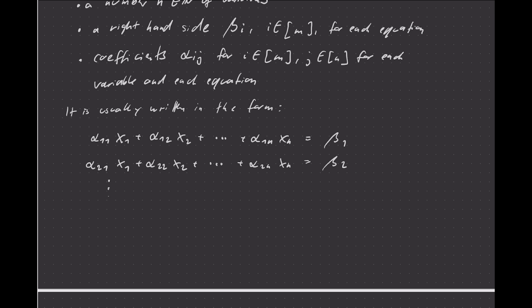And this goes on for many, many rows, possibly up to the last one, that is the mth equation, the mth row in this scheme. Alpha m1 x1 plus alpha m2 x2 plus, and so on, alpha mn xn, that's equal to beta m.